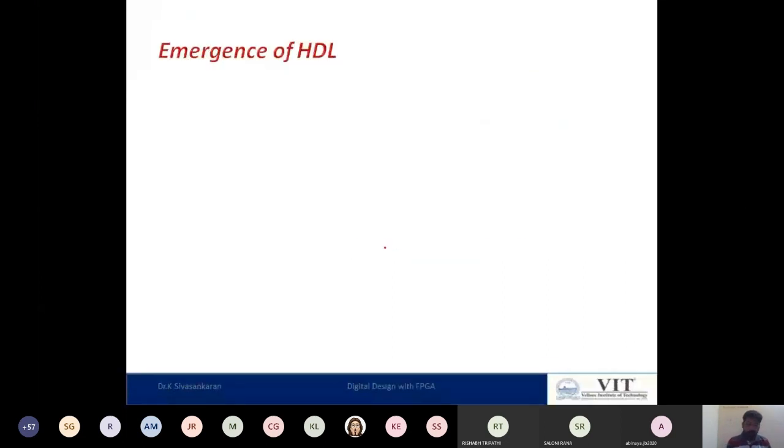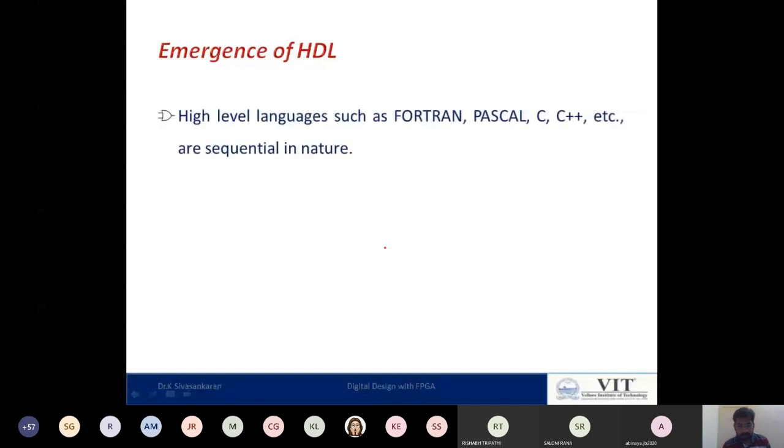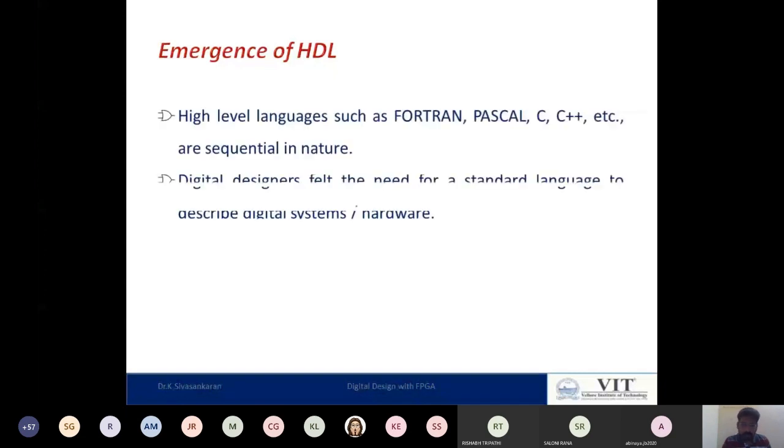Why has this HDL become important, especially in IC design? High level languages like Fortran, Pascal, C, C++ are sequential in nature, whereas HDL is concurrent in nature. The designer needs to have a standard language to describe all digital systems.